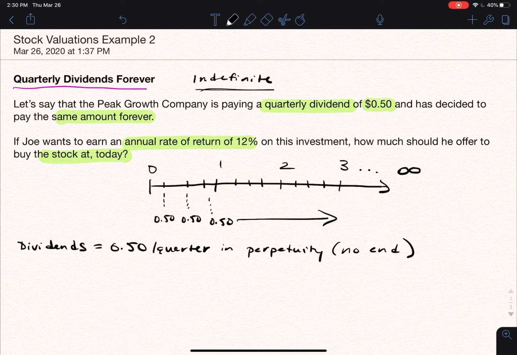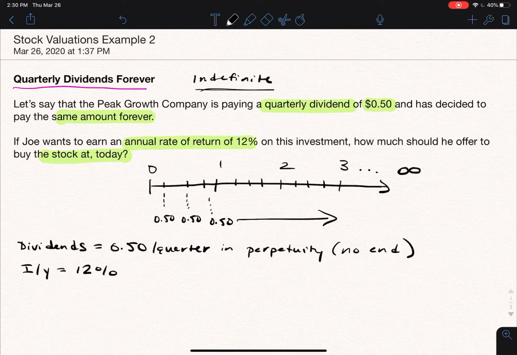No end. Okay. Then it says Joe expects to earn an annual rate of return of 12%. Well, we already know that if we hear the words annual rate of return, required rate of return, right? That's our interest rate that we expect as an APR. So that is 12%. Okay.